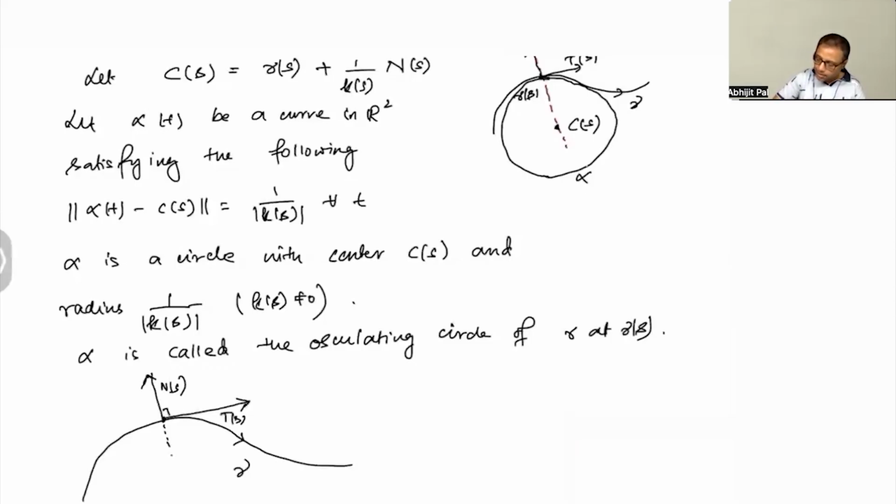So here the signed curvature ks will be negative. Now suppose the curve is something like this.